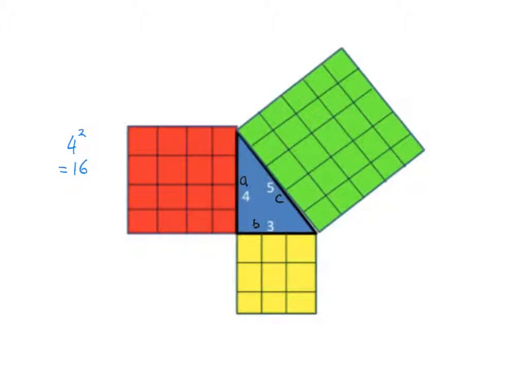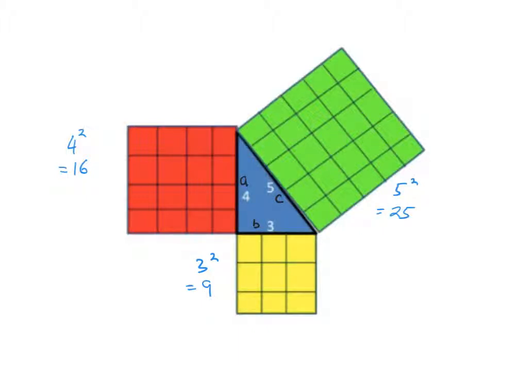And I can see that I've got 16 squares making up my larger square of side A. Looking at side B, which is 3, I know the area is going to be equal to 3 squared, and that is going to equal 9. And doing the same thing for my hypotenuse side, side C, which is equal to 5, I know the area of that is going to be 5 squared, which is equal to 25.